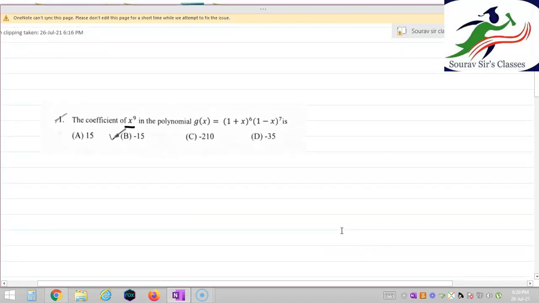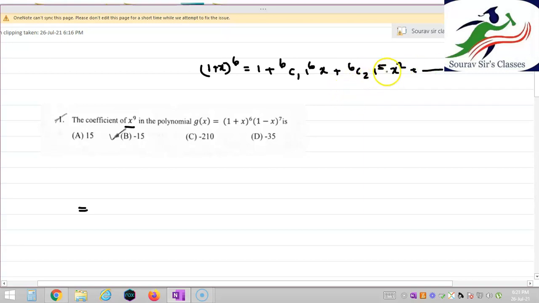The coefficient of x to the power 9 is equal to, first of all, when x squared is multiplied by x to the power 7. You know that when you expand (1 plus x) to the power 6, it is nothing but 1 plus 6c1 into x plus 6c2 into x square and so on, right?